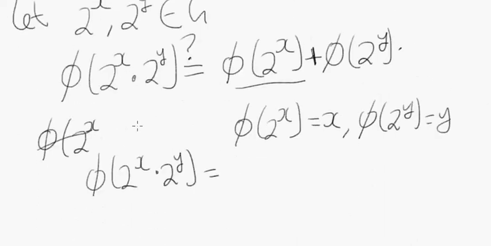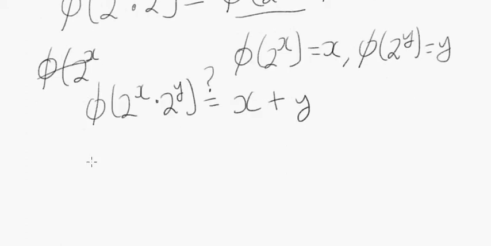So what we really need to show is that phi of 2 to the x times 2 to the y equals phi of 2 to the x plus phi of 2 to the y, but phi of 2 to the x is just x, and phi of 2 to the y is just y. So what we really need to prove is that phi of 2 to the x times 2 to the y is really equal to x plus y.